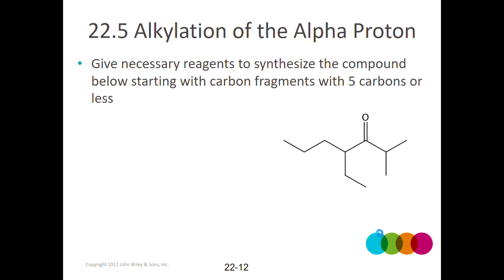All right, so we can use that idea here to work on this specific practice problem. And so what I'm seeing here is I got to make this molecule from fragments that have 5 carbons or less. So maybe I'll just start counting here. 1, 2, 3, 4, 5.